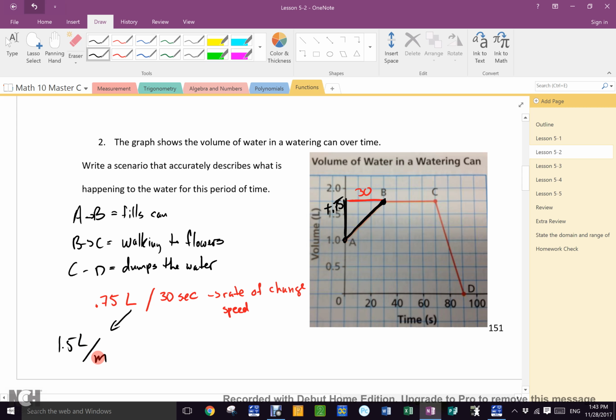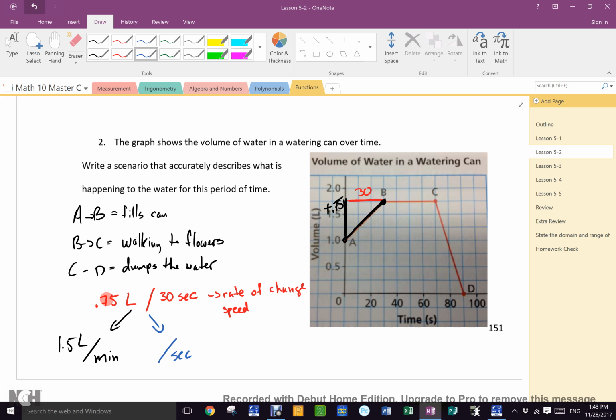How did you know that? Because you had to multiply that by 2 to get to 1 minute, yes? And what you do to the denominator, you do to the numerator. Excellent. What if I was doing it by the second? What would I have to do to 0.75? Divide it by 30. Everybody good?